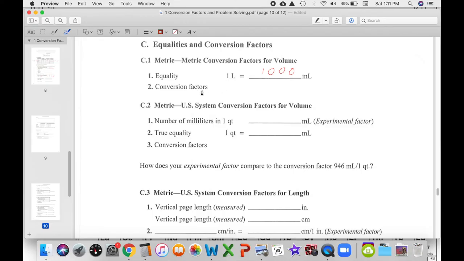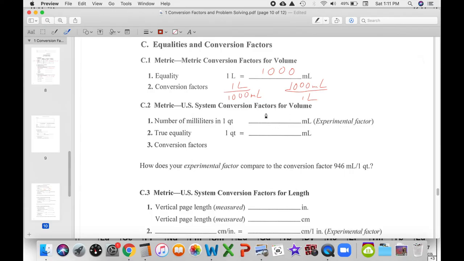And if we were to write this out as a conversion factor, we would write out two fractions, where each of these halves of the equality would be the numerator and denominator of our fraction. So we would have 1 liter for every 1,000 milliliters, and we would also have 1,000 milliliters for every 1 liter. Okay, those are the two conversion factors we would try to write out for this problem.